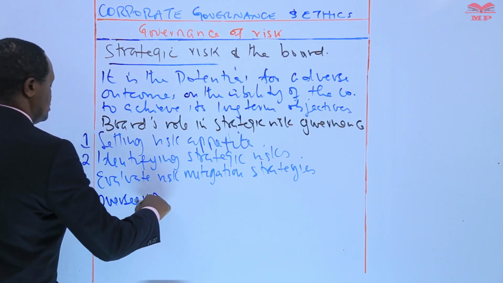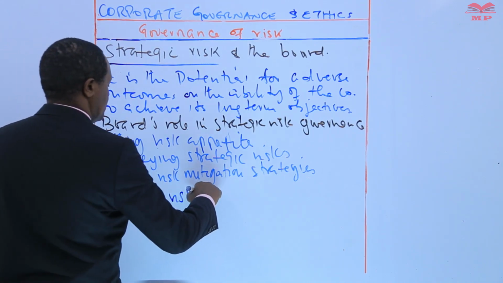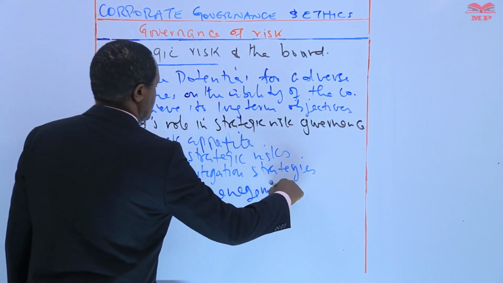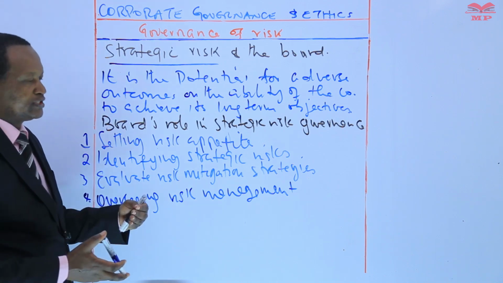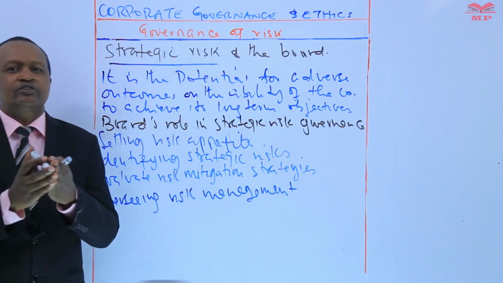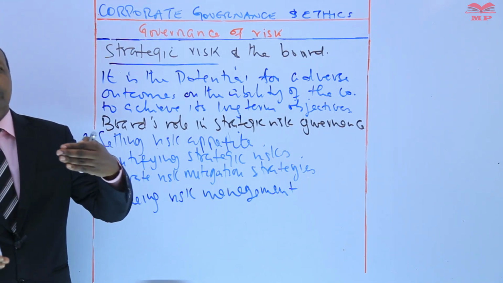Role number four, overseeing risk management. It is the role of the board to oversee the management of risk. The board oversees the implementation of risk management strategies and monitors the company's risk profile on an ongoing basis.